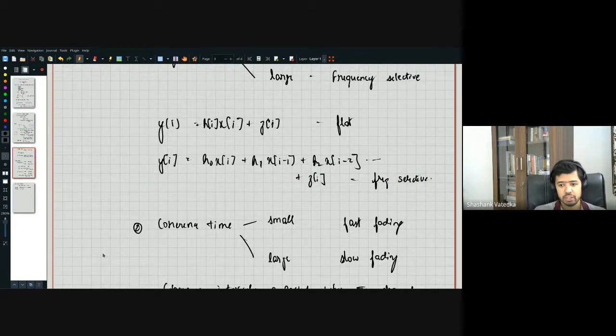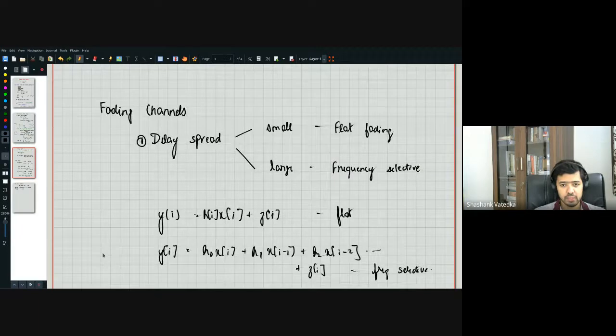So a slow fading channel is one where the channel coefficients do not vary much with time, and a fast fading channel is one where the channel is rapidly varying with time. And depending on the delay spread, you categorize the channel into flat fading versus frequency selective fading.